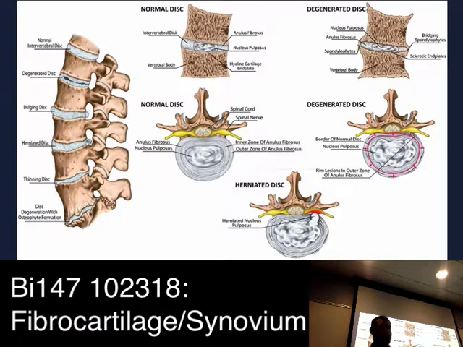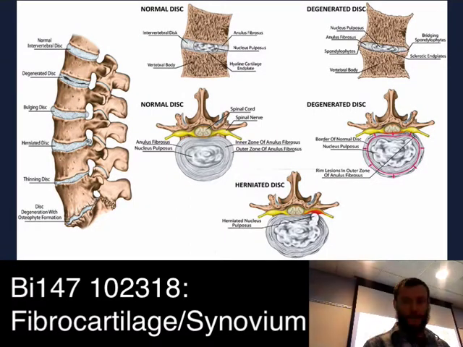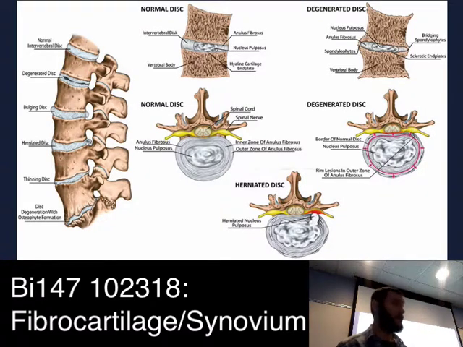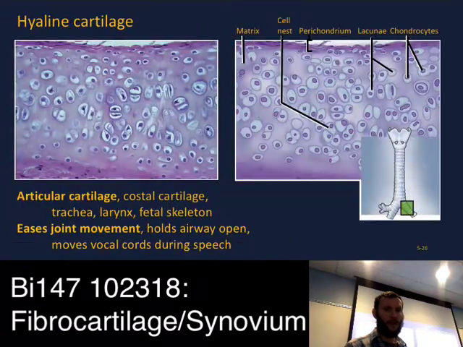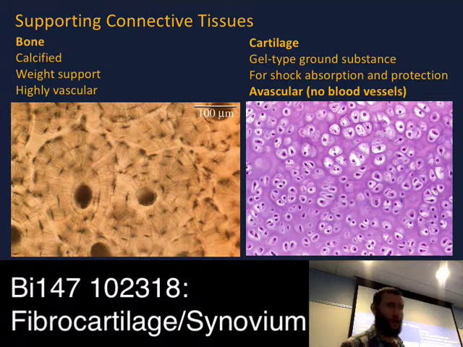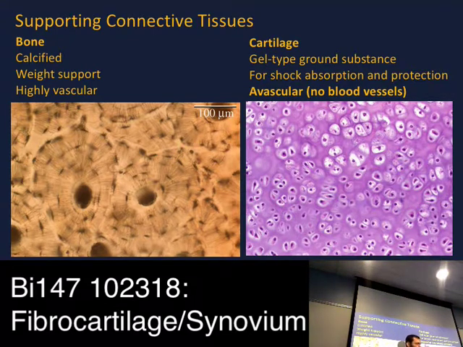But it's hard, right? Because what did I say about cartilage? What's the thing about cartilage? The thing that I'm getting at here is this word: avascular.